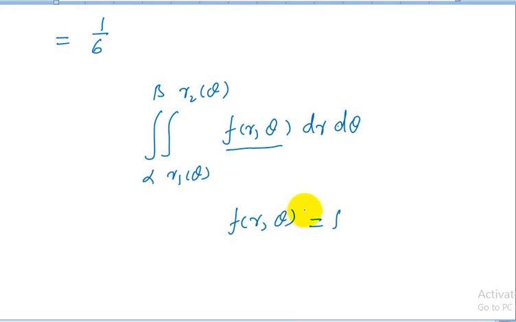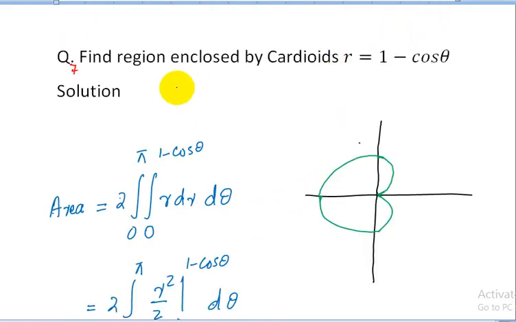Now we solve some problems related to area. Find the region enclosed by the cardioid r equal to 1 minus cos theta. So here a cardioid r equal to 1 minus cos of theta is given.